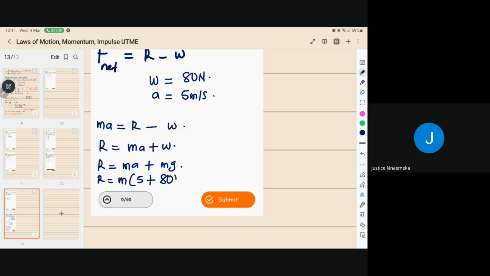Remember that W is equal to mg. W is 80. I don't know the mass, but they gave me g, which is 10 meters per second squared, the acceleration due to gravity. So m is equal to 80 over 10, so m is equal to 8 kg. Right? Hope I'm not doing too much. Are we together, guys?